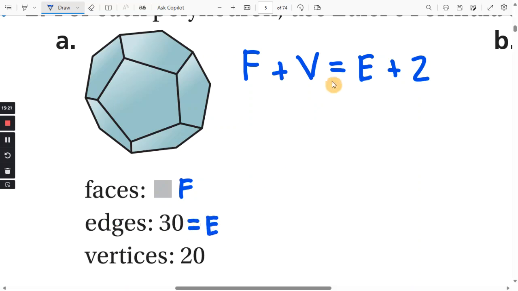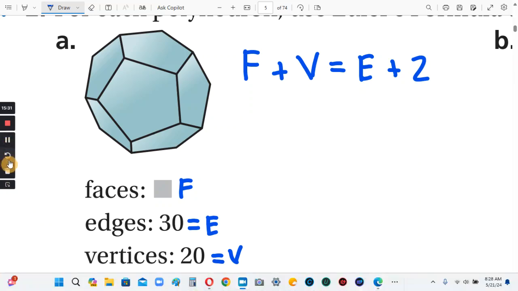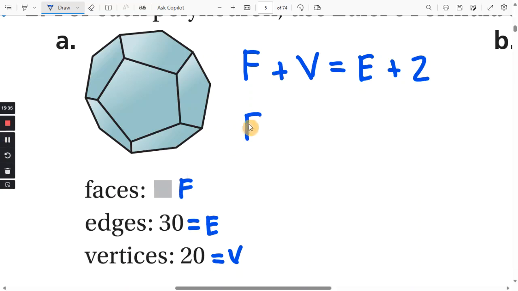V is the number of vertices. They gave us 2 out of 3. See if you can plug in and solve for F, please. We don't have F, so I leave that alone, plus V. V is 20. And that equals E. E is 30, plus 2.